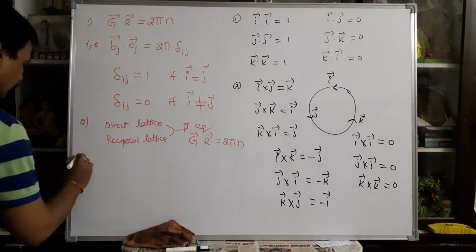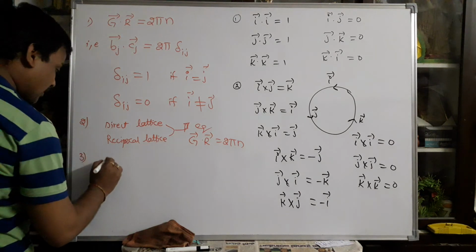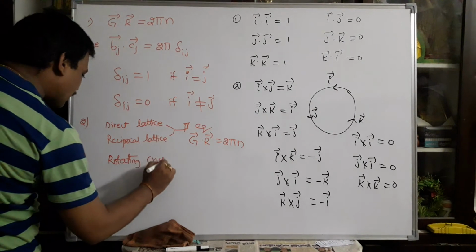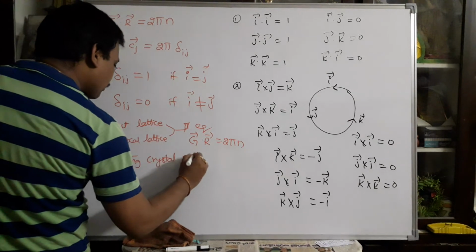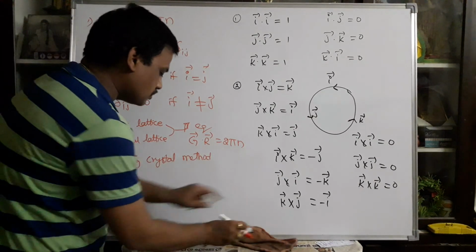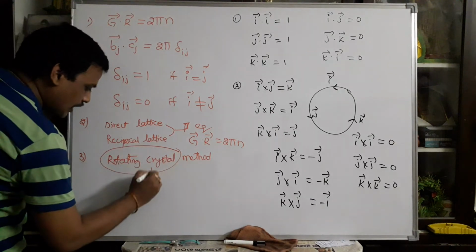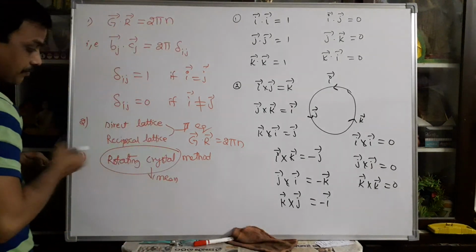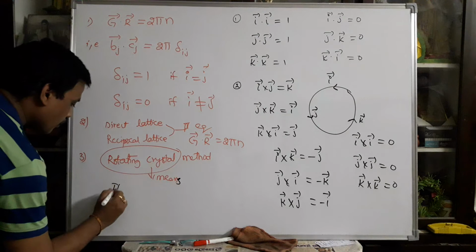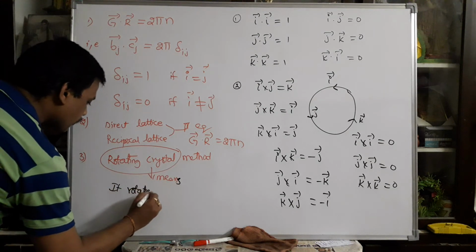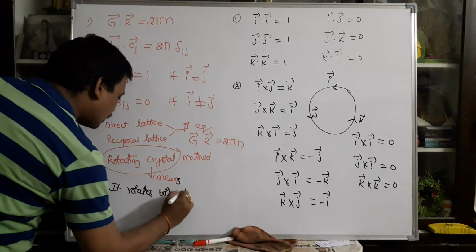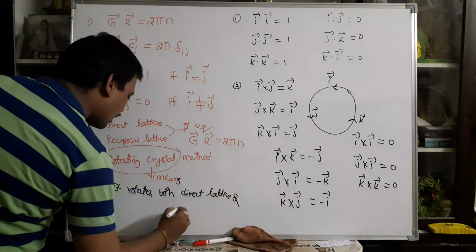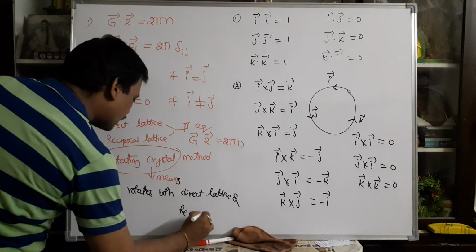And third one, in our crystallographic methods, the third method is the rotating crystal method. What is rotating crystal? Rotating the crystal means it rotates both the direct lattice and the reciprocal lattice.